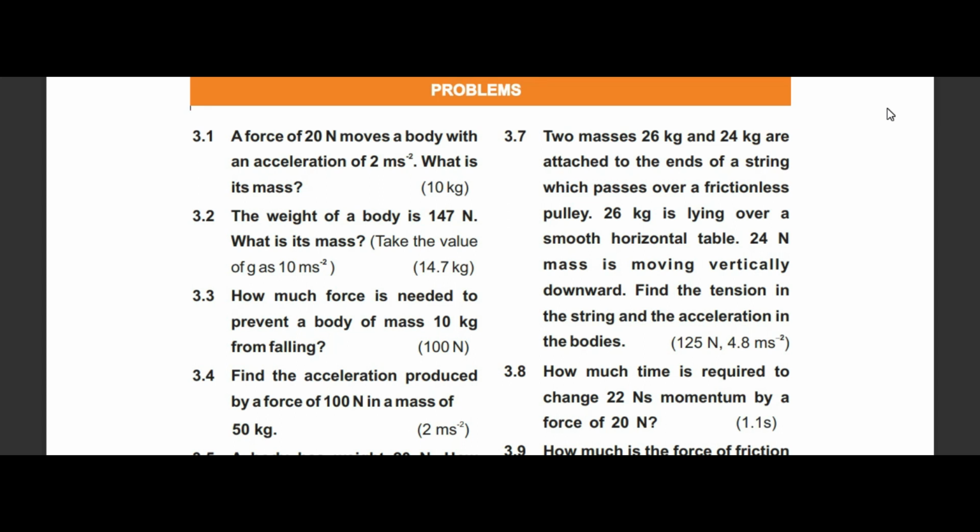How much force is needed to prevent a body of mass 10 kg from falling? First we have to enlist the given data. The mass of the object is 10 kg, and we need to calculate the force to prevent the object from falling down.